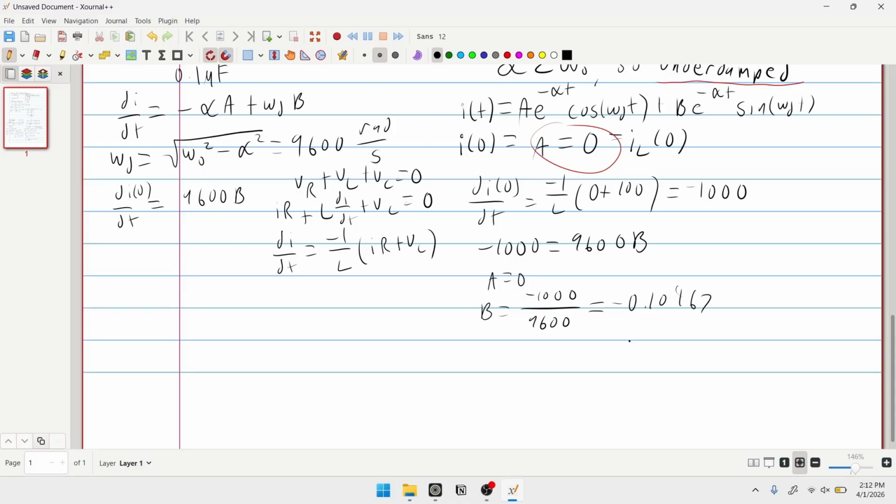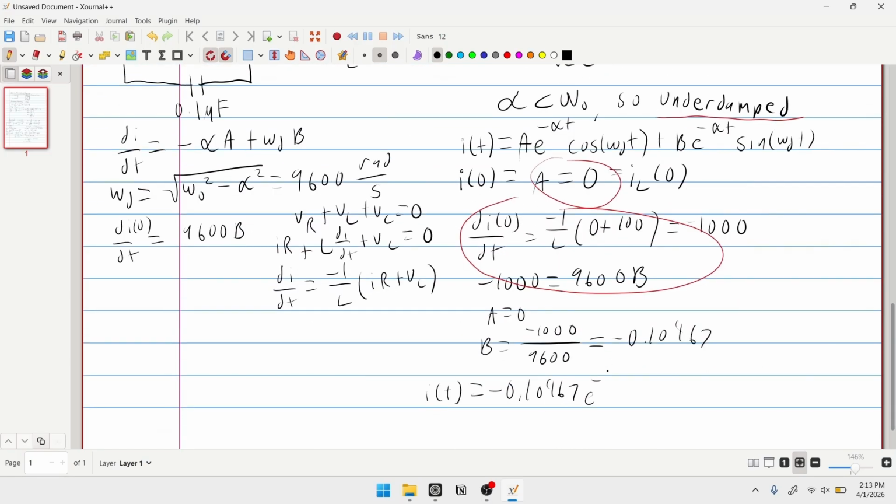We can now plug these into our equation and find that I of t, with A equal to 0, so all this cancels out, and B equal to negative 0.10467, times e to the negative 2800 t times sine of the damped frequency, which is 9600 t, and that is our answer.